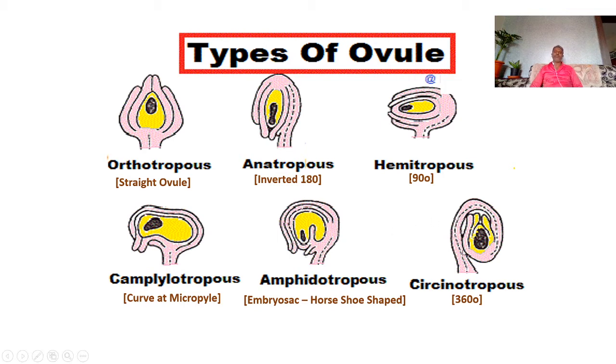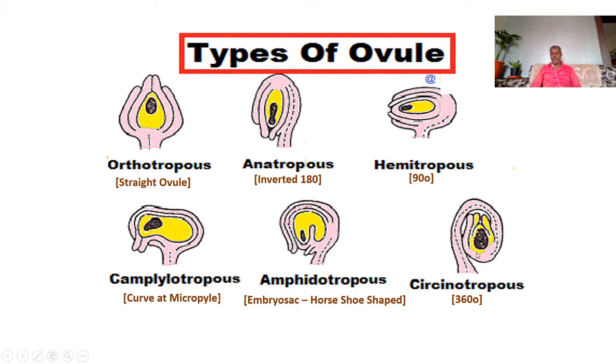And the last one is circinotropous ovules. In this type, you can see the body of the ovule makes a 360 degree curvature. That means it makes a complete rotation, 360 degrees with the funiculus.